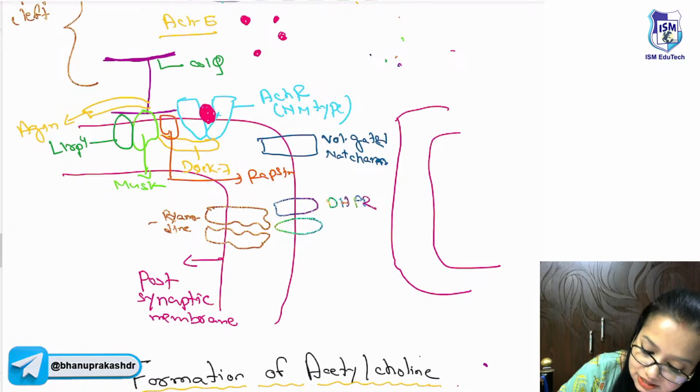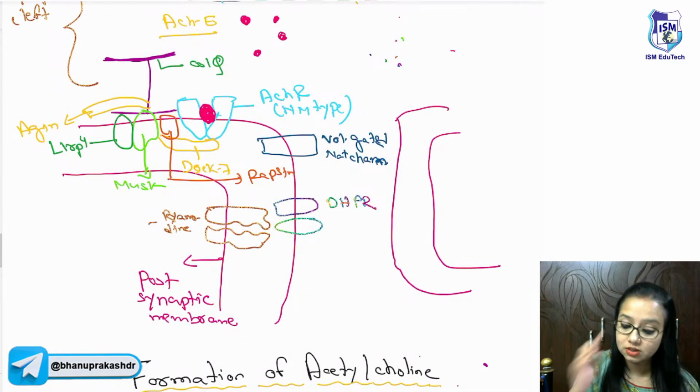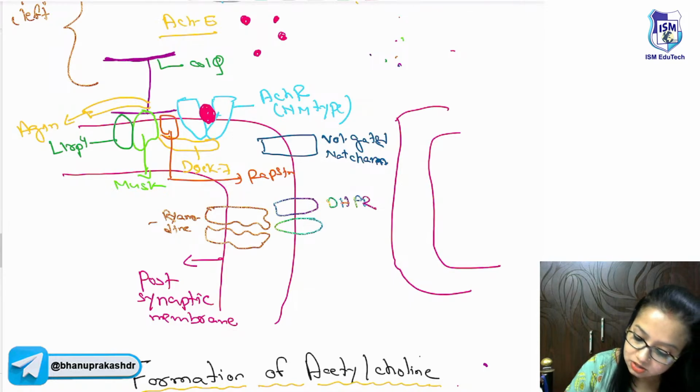Now, once this acetylcholine binds onto this NM type of acetylcholine receptor, immediately, it's an excitatory neurotransmitter, right?